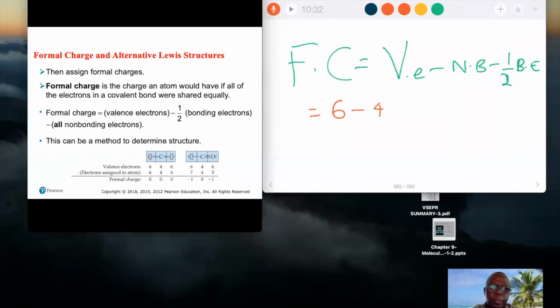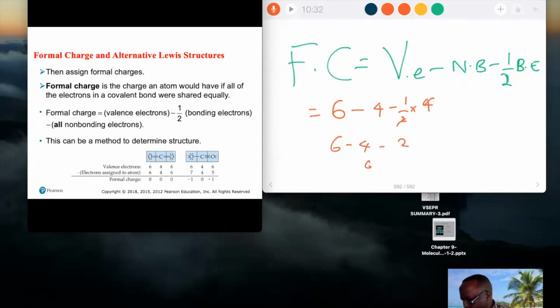Minus half of what? Half of bonding. How many bonding electrons here? 1, 2, 3, 4. Remember, 2 lines represent 4 electrons. So we say 6 minus 4 minus 2.